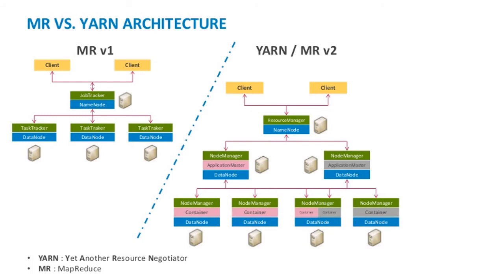So the client says, I want to run this MapReduce task. The resource manager looks around the entire cluster and picks a data node to be the application manager, that means the application master. The application master is going to monitor and initiate that particular MapReduce task.